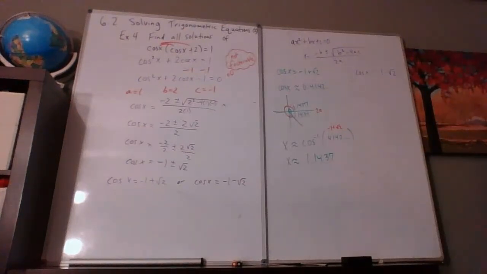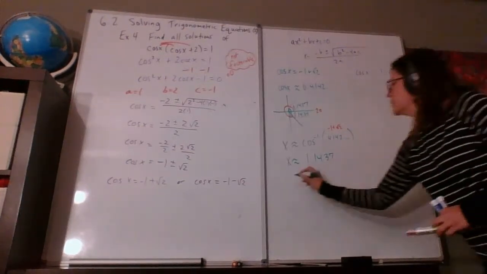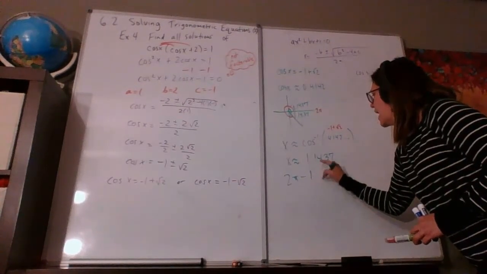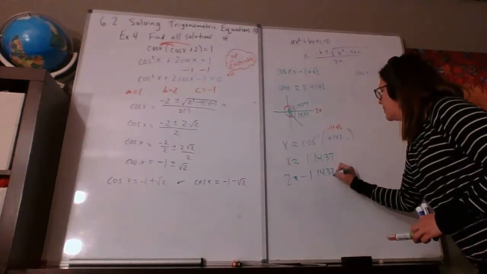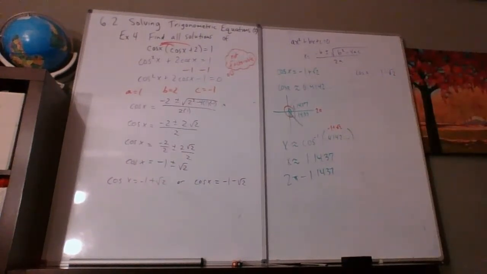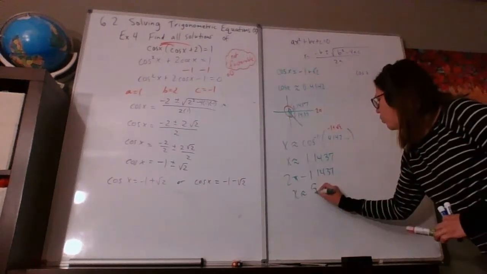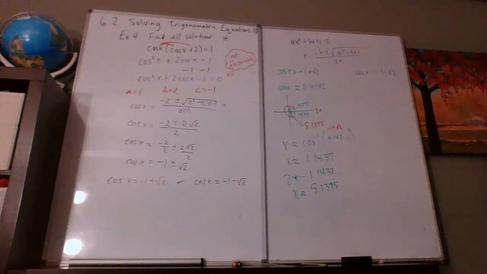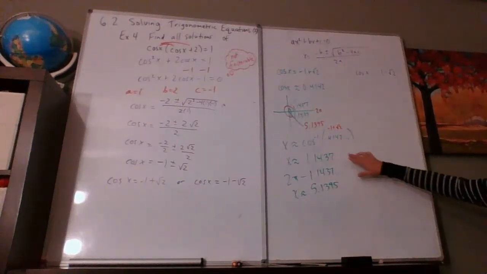So to find that additional angle, we're going to do 2 pi minus that angle, which is 1.1437. Again, leaving those digits in the calculator for that calculation. So you could do 2 pi minus answer. So we get our other solution is 5.1395. So from 0 to 2 pi, we found two solutions.